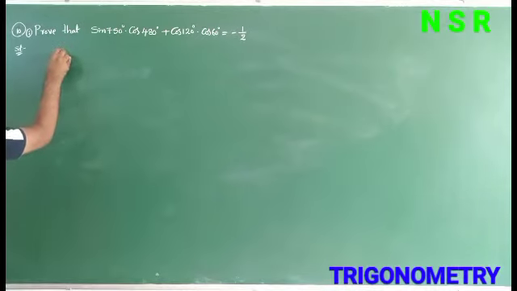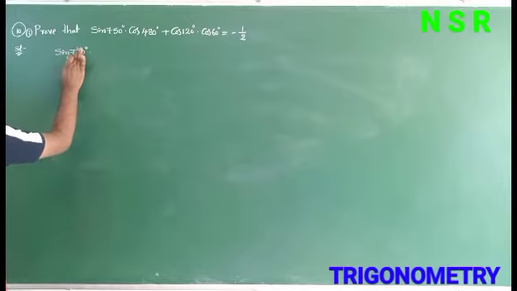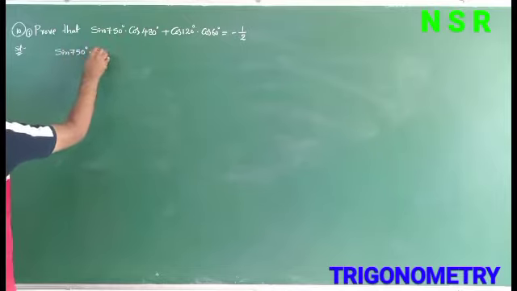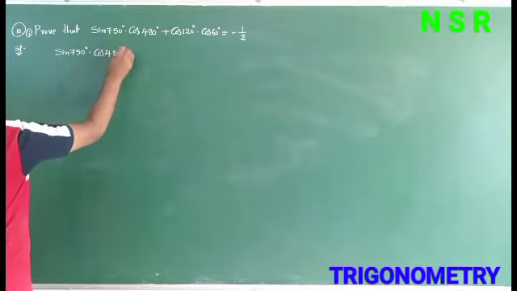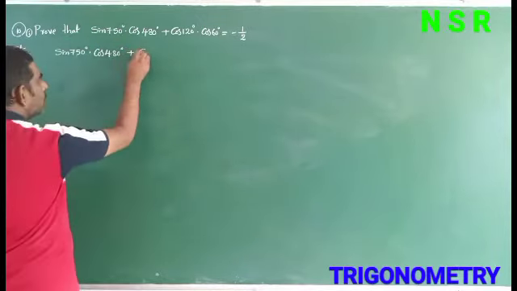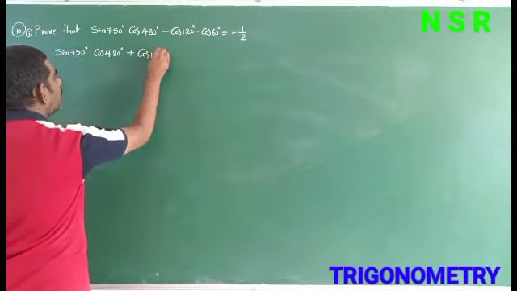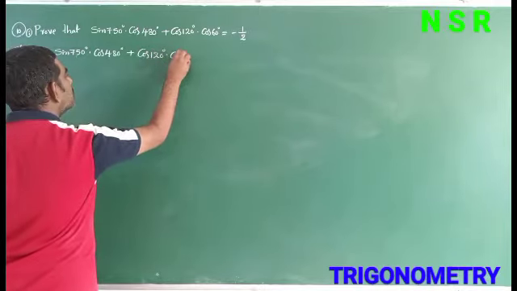Now write sin 750 into cos 480 plus cos 120 into cos 60.